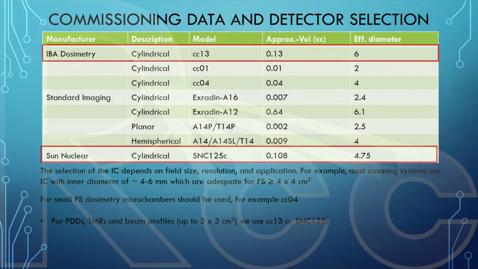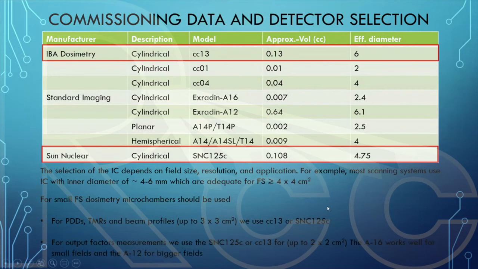Later on, we bought a smaller plastic scintillator detector, and we compared our data with the SNC125c, and we had very nice agreement in our PDDs and profiles. I will show you some of these results in our next lecture.